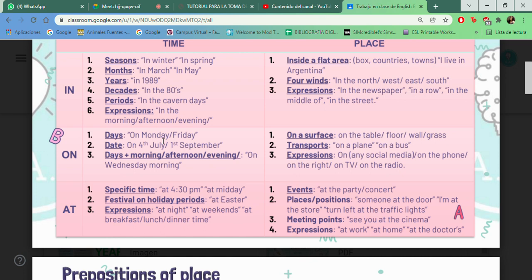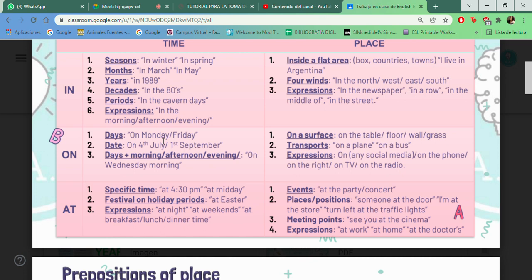Okay, then even shorter periods of time, todavía más corto y más específico, more specific, we'll say at. We use at for a specific time, okay? When we talk about the time, we use at, okay?